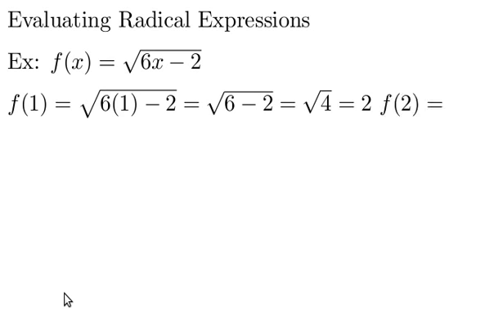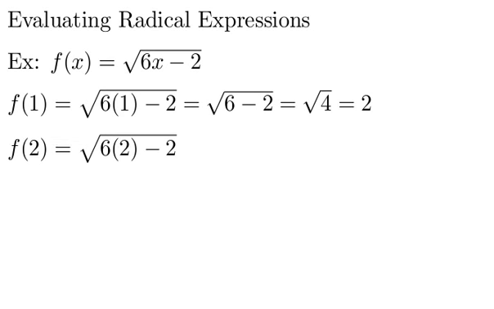Okay, so f of 2 means we just put 2 in for x, so we have square root of 6 times 2 minus 2. 6 times 2 is going to be 12, so that's equal to the square root of 12 minus 2, and 12 minus 2 is going to be equal to 10.